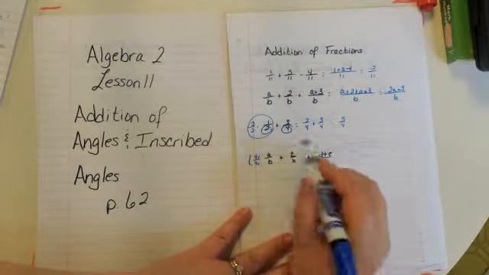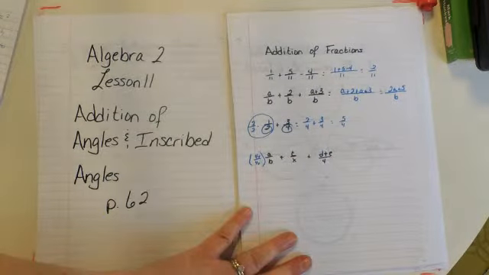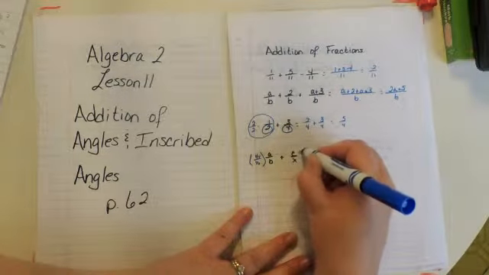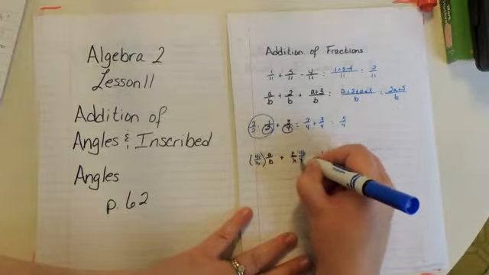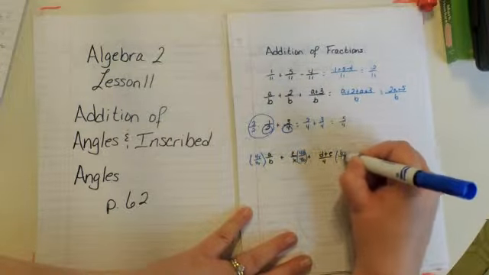Remember, the value of 4x over 4x is 1, so we are not changing the value of this term. We're just changing the form. This one's going to have to be multiplied by 4b. And this one's going to have to be multiplied by bx.